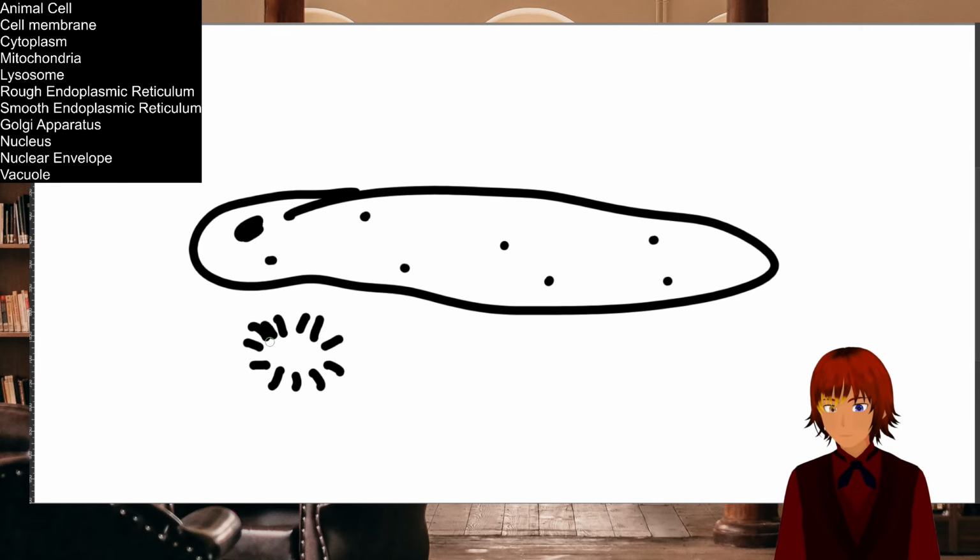Alright, next up. I should probably discuss vacuoles as well. Vacuoles are also containers. They have a similar structure to lysosomes, but they don't just carry catalytic enzymes.